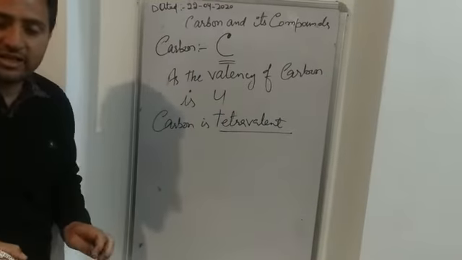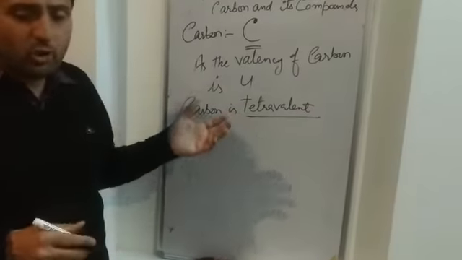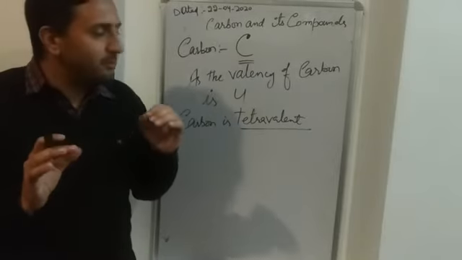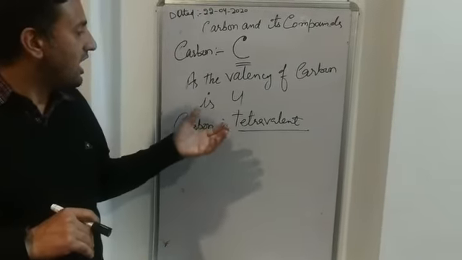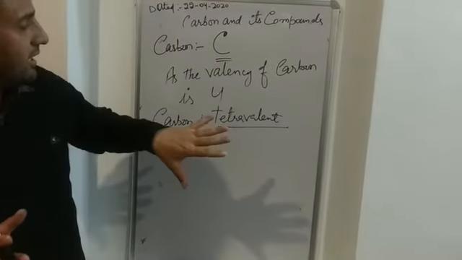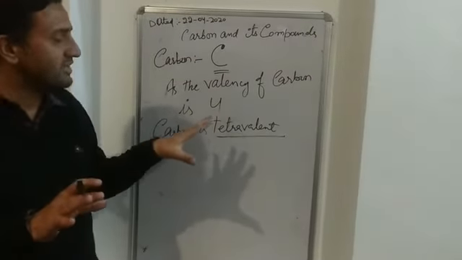Carbon is also called tetravalent. Now, what are the properties of tetravalent carbon? How does it pair with other elements, how does it make different types of compounds, how is the bonding process in carbon?